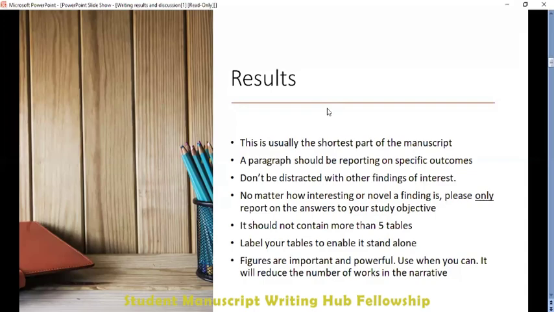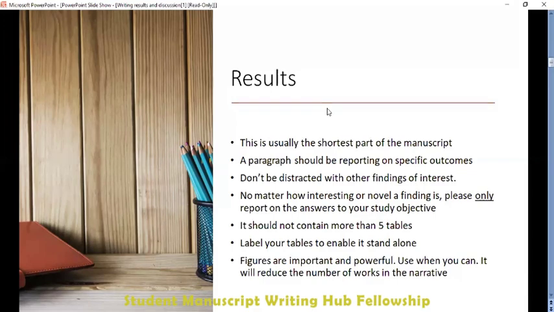Of course, when you start writing a manuscript, it's important for you to have an understanding of the journal to which you want to submit your manuscript. Some actually say that the process of writing a manuscript starts from selecting the journal you want to submit to. You should familiarize yourself with the journal before you start writing.